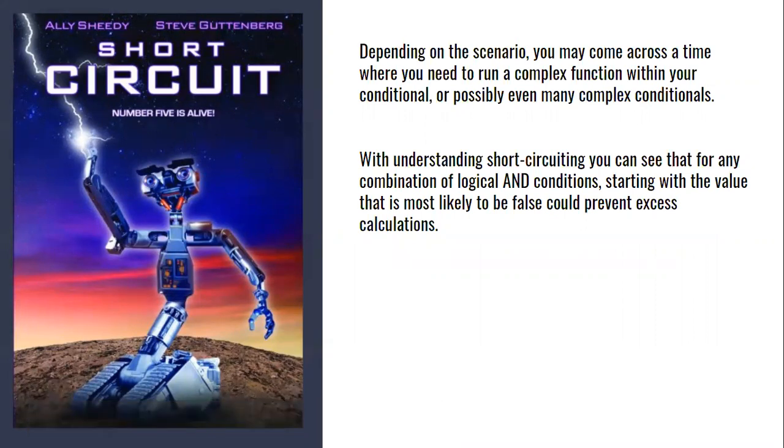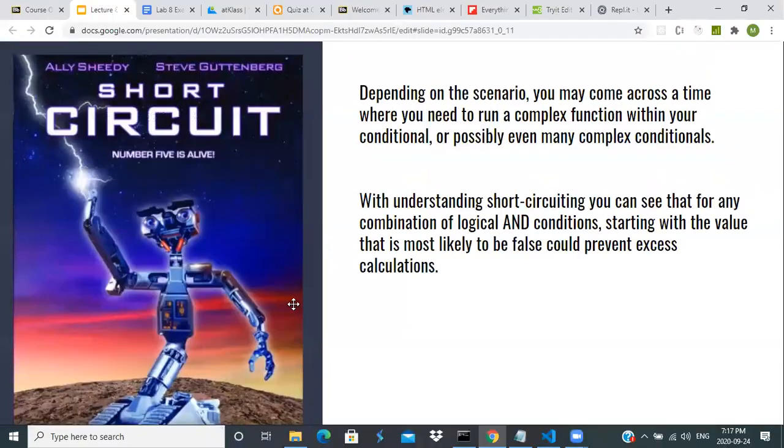Depending on the scenario, you may come across a time where you need to run a complex function with your conditional, or possibly even more complex conditionals, which I already showed you. If you understand short circuiting, you can see that in any combination of logical ands, starting with the value that is the most likely to be false could prevent excess calculations.